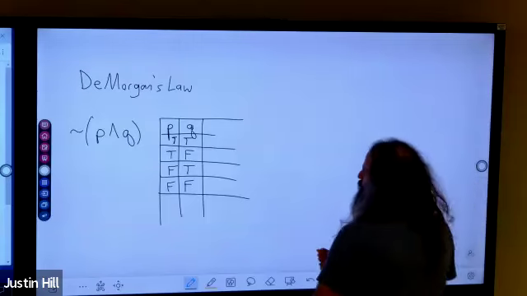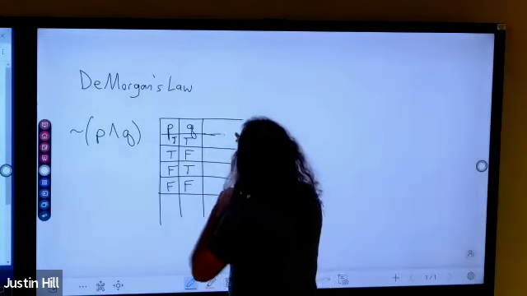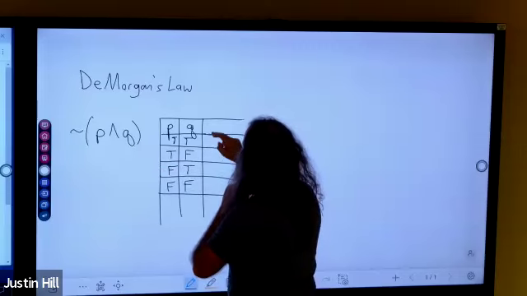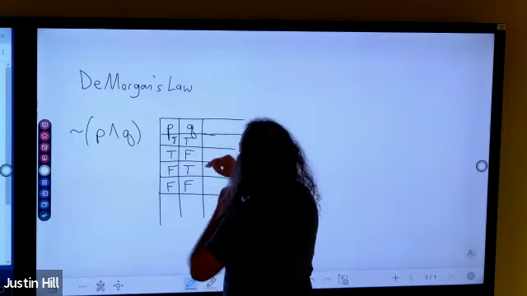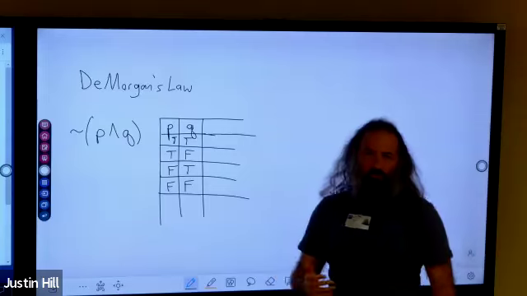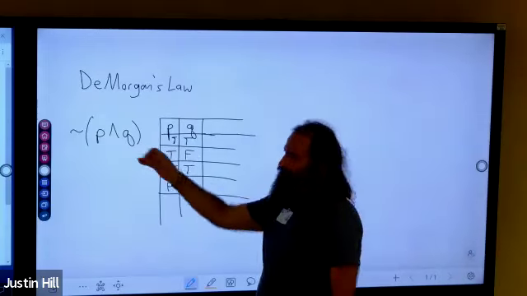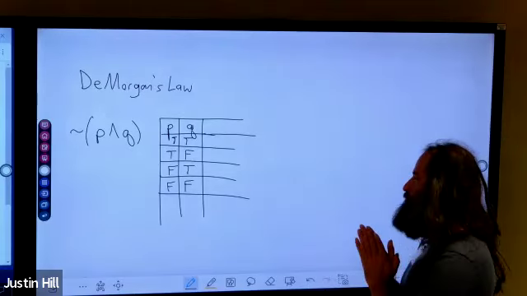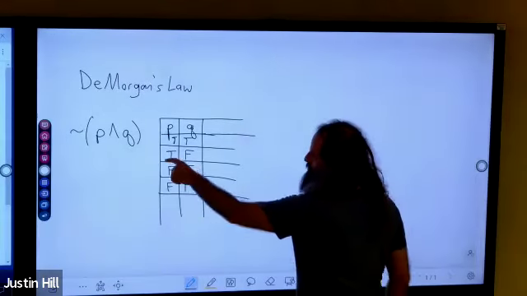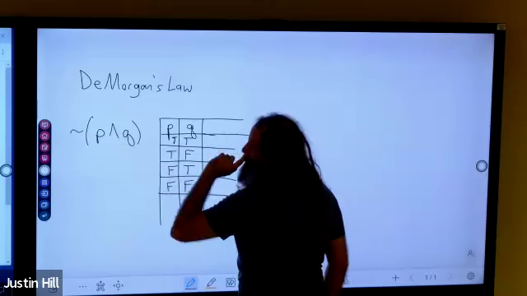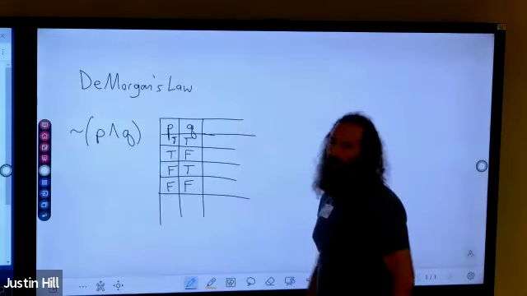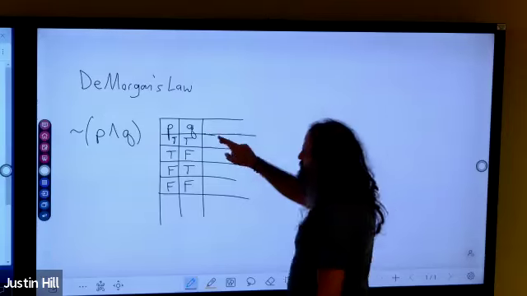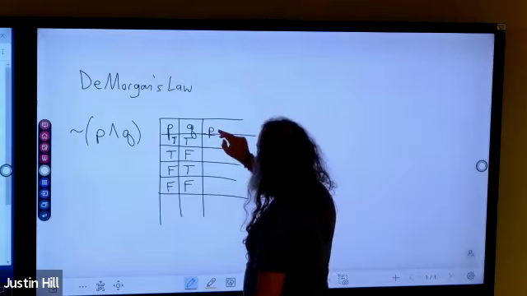Then we want to create the truth values for this statement. Think about what operations you're going to need to create that end statement. Notice that there are really two operations here. There's an and between P and Q, and then you negate all of that. So those are the two columns we need to figure out.